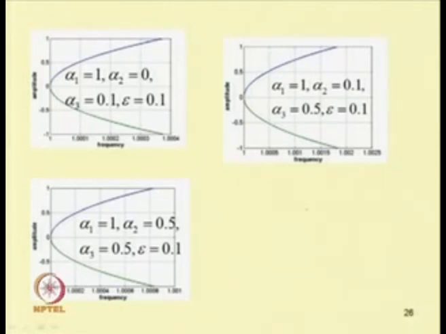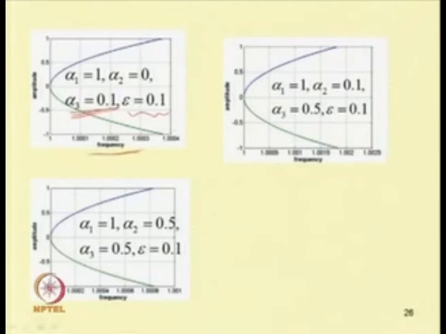So, if we have applied an impulse force, but let us take only the cubic nonlinearity, that is alpha 3. So, if you take alpha 3 equal to 0.1, and let us take epsilon equal to 0.1 also, then one can find that with increase in frequency, the amplitude increases.